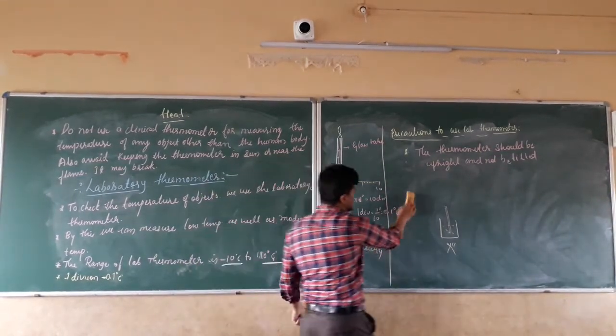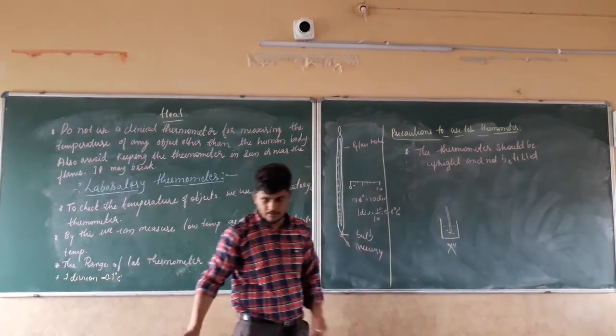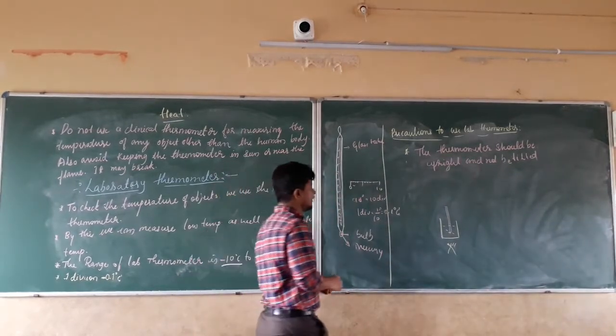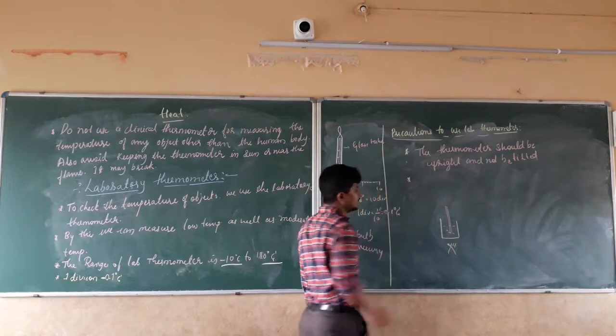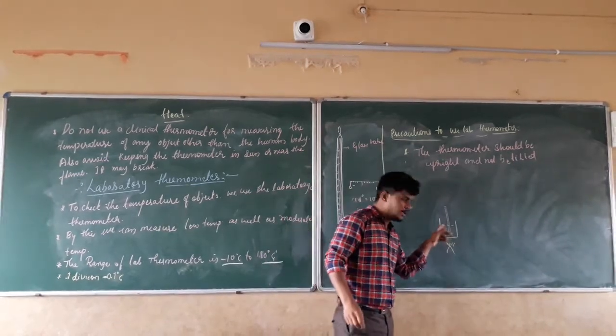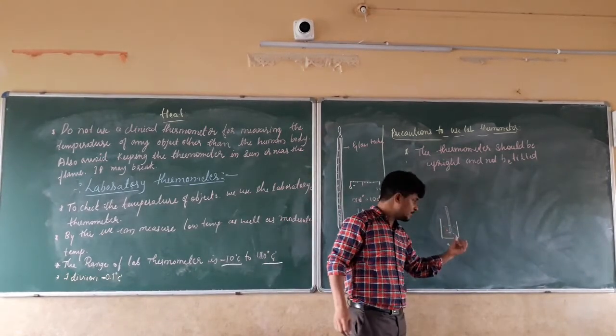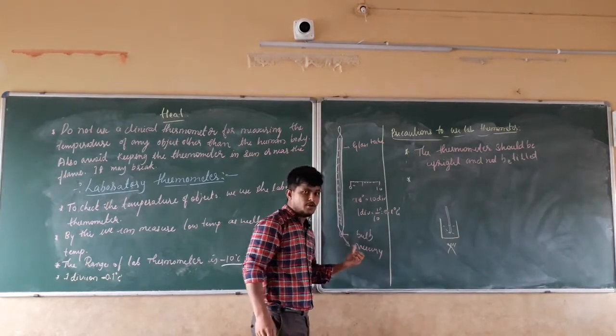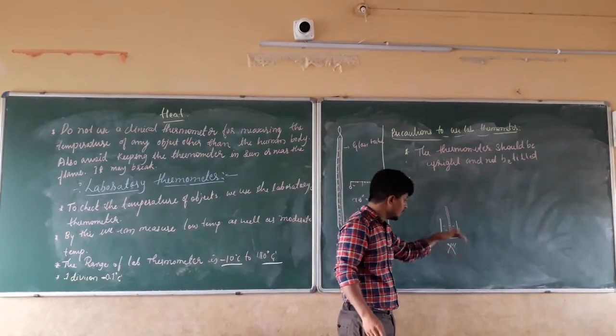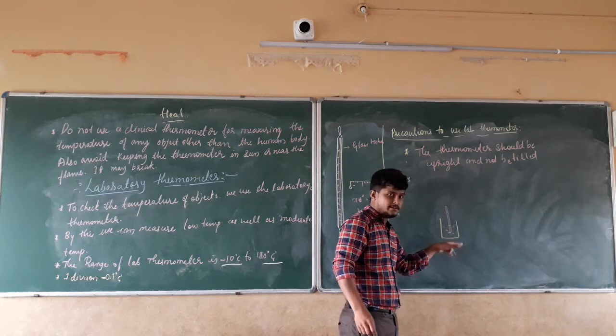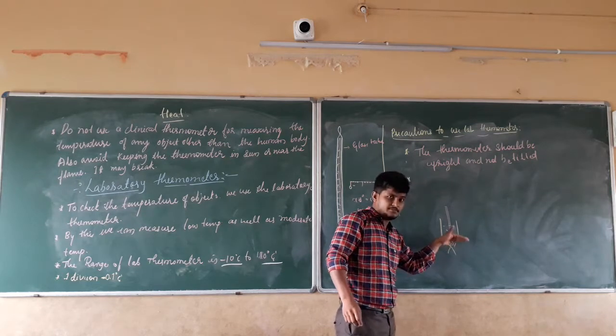The next, second precaution: what do we have to do? What precaution are we going to take here? The bulb which is present in the thermometer shouldn't touch the surface.